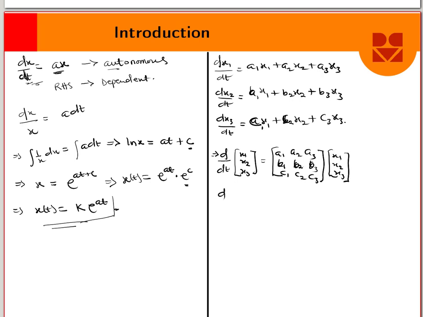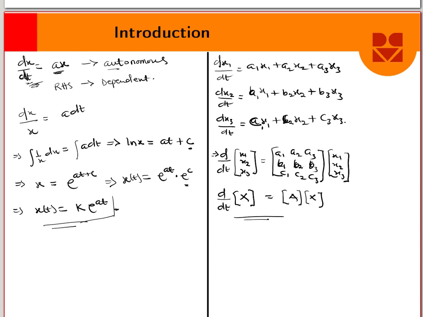So we could rewrite this as dx/dt equal to the coefficient matrix A times x. Writing this way, you realize that this looks a bit more like the differential equation that we solved earlier. This gives us an idea of how the solution will look like.